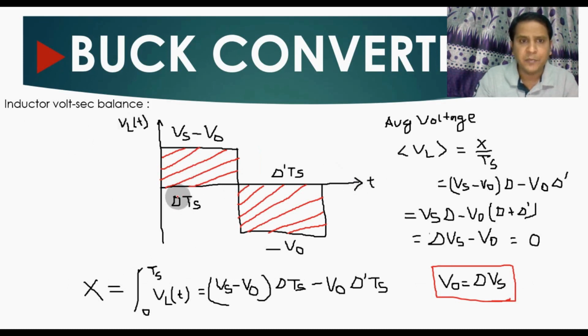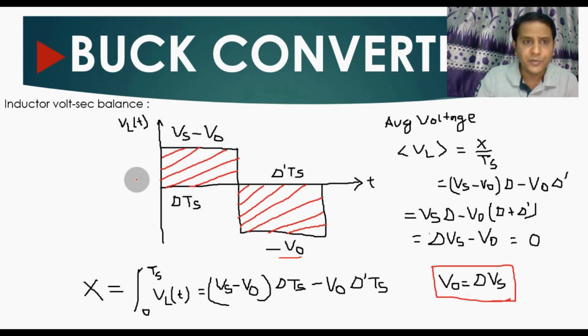For time period DTs, your inductor voltage is Vs minus Vo, and for time period D prime times Ts, your inductor voltage is minus Vo. If you want to apply inductor volt second balance, you have to find the area under this curve. So you have to integrate both the positive cycle and the negative cycle.